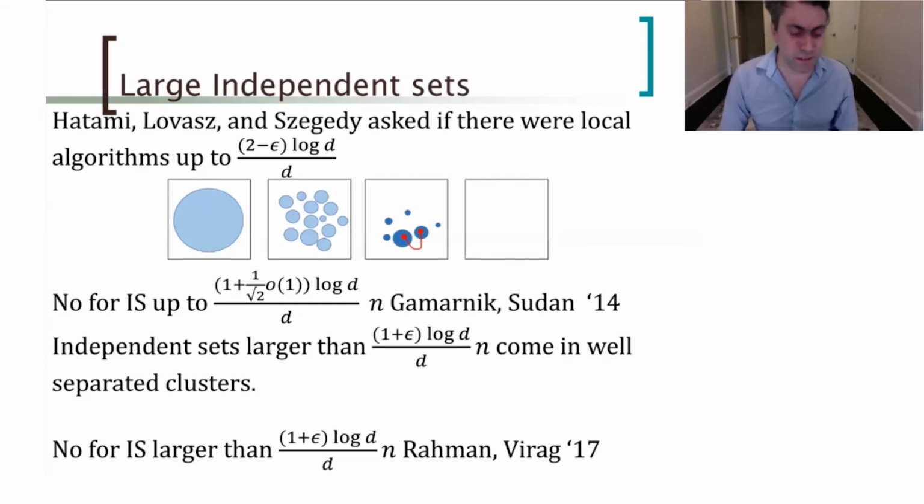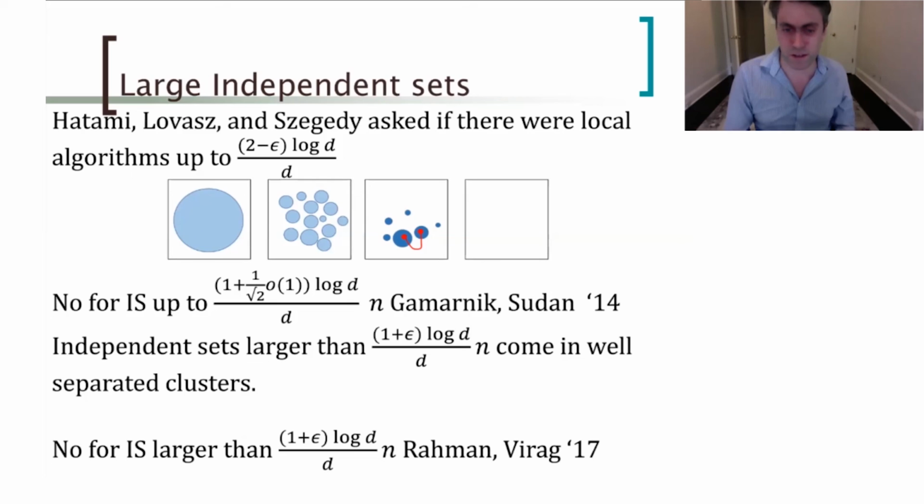Yeah. In general, some of the problems I mentioned at the end might be useful to understand some of the physics predictions, particularly in terms of these large independent sets.